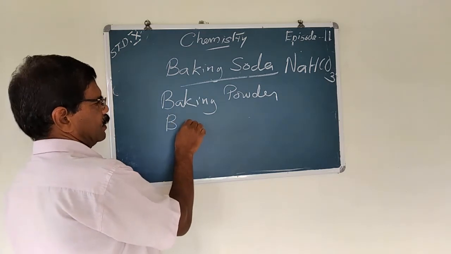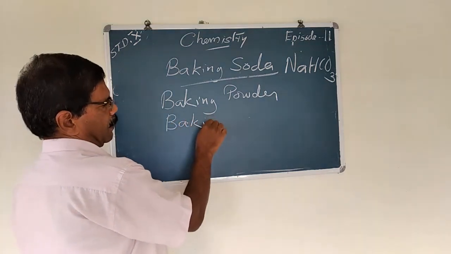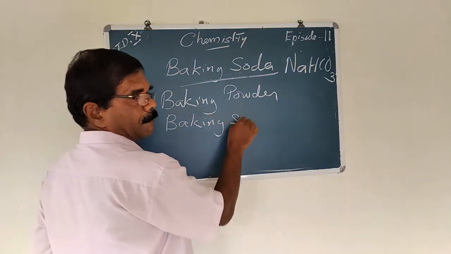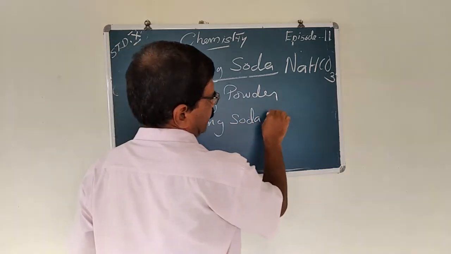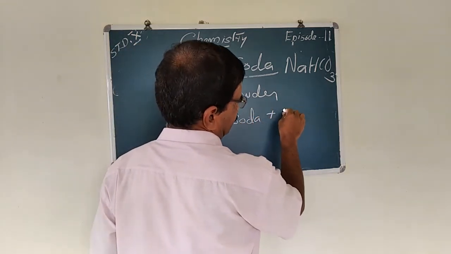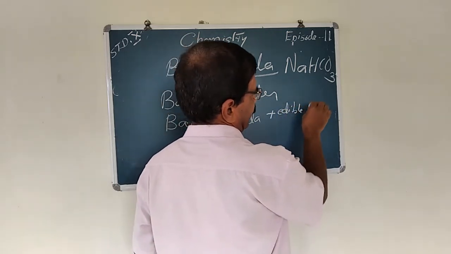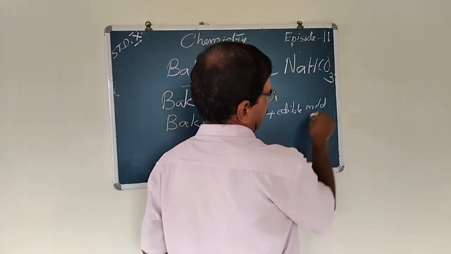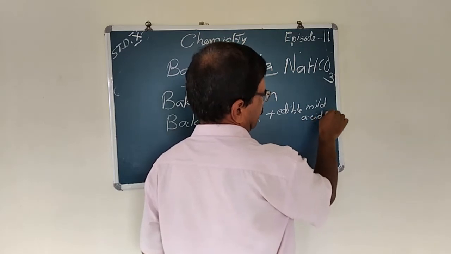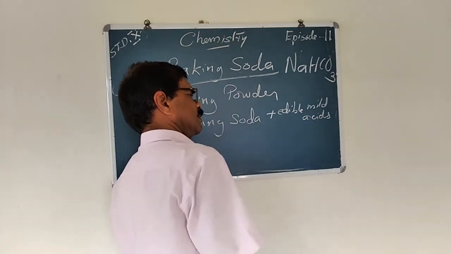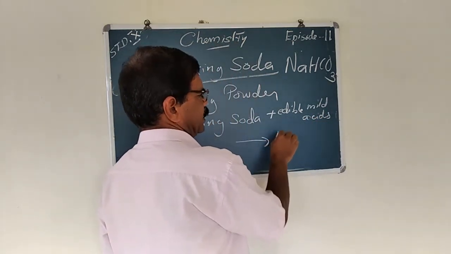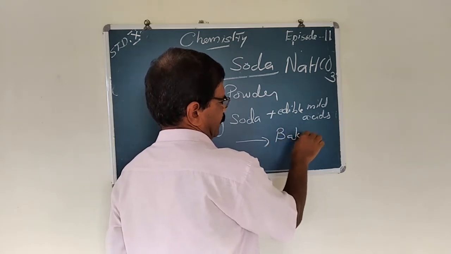Baking soda mixed with edible mild acids, we get baking powder.